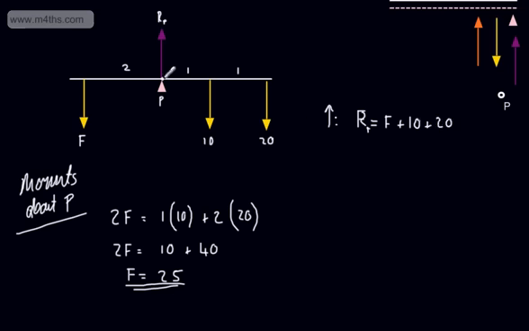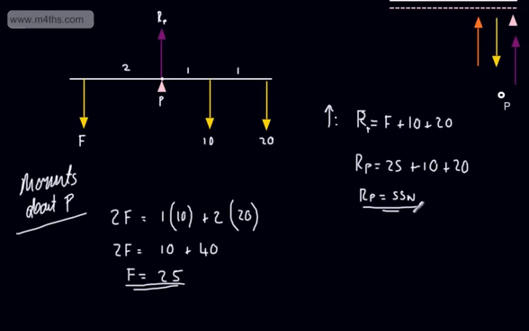So this is simply saying that if we've got some normal reaction force, RP is going to be equal to 25, which is F, which we just found, plus 10 plus 20. So that's going to give me now that RP will be equal to 55 newtons.